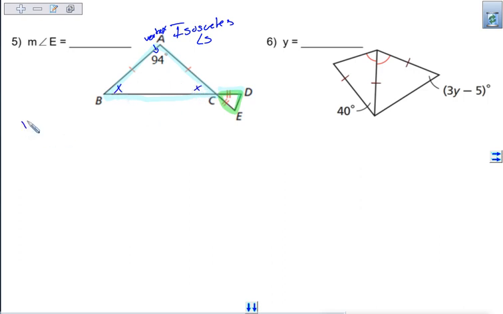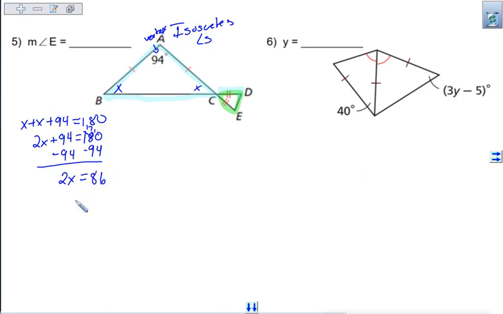So we'd have x plus x plus 94 equals 180. Combine our like terms. That gives us 2x plus 94 equals 180. Subtract 94 from both sides. That gives us 2x equals 86. Divide by 2 on both sides, and x equals 43. So each of these angles equals 43 degrees.